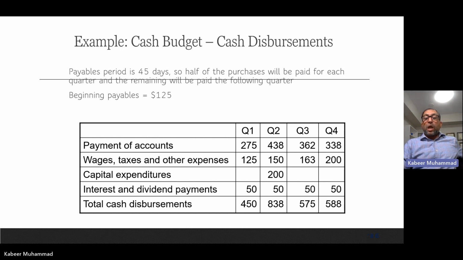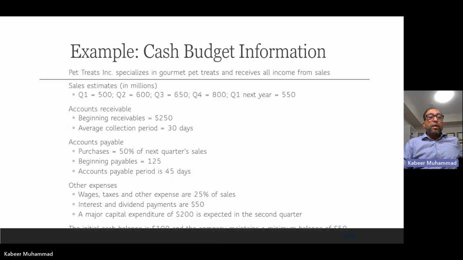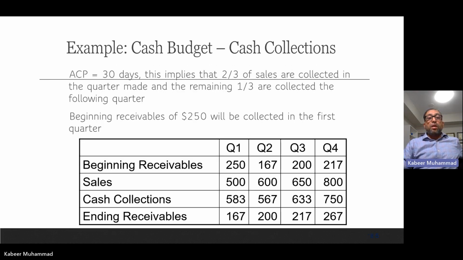And then how much we have to pay, we have to calculate on the basis of this information. Purchases are 50% of the next quarter sales. If we look at the sales here, next quarter sales is 600. So 50% of the next quarter sales of 600 means 300.